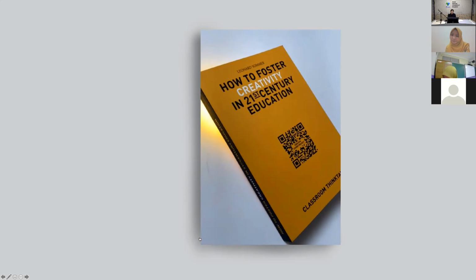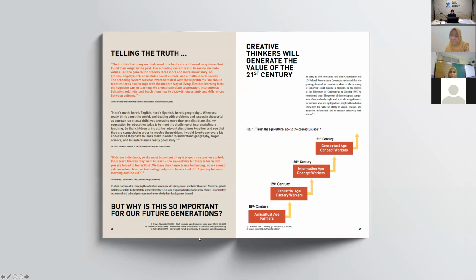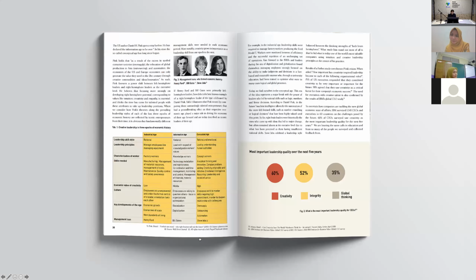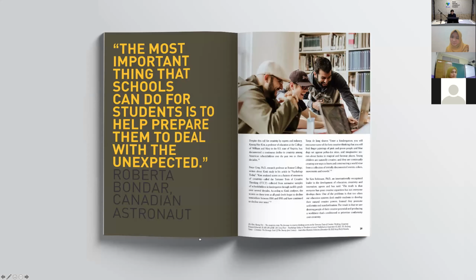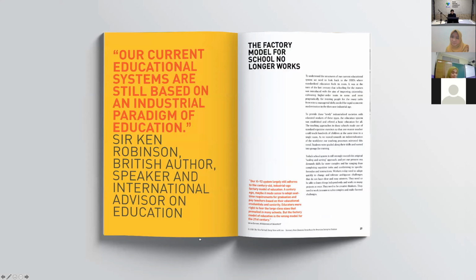So what's the book about? It brings together a compact analysis about the status quo. It combines what I found in my research with the MBA about the experts' opinion of the challenge. You might know most of these. Everybody knows Ken Robinson with his provocative statement.